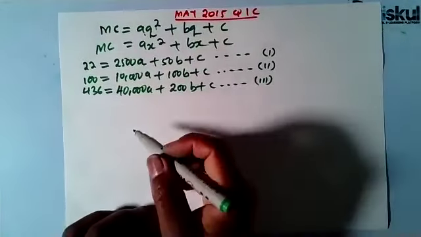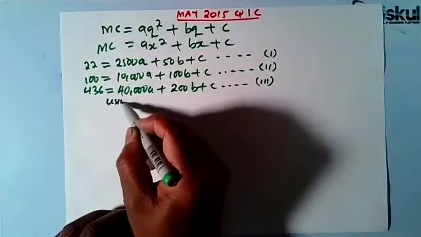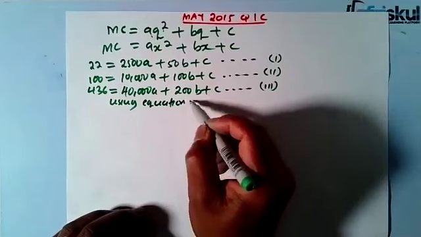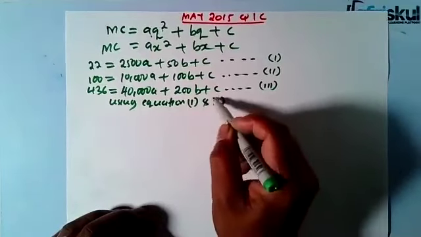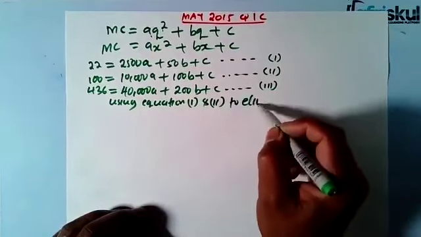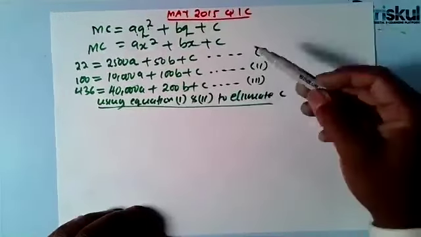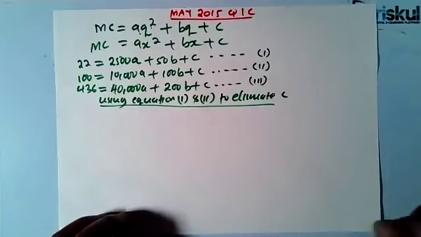Now from there, let's use equation 1 and 2 to eliminate C. The first one and the second one.